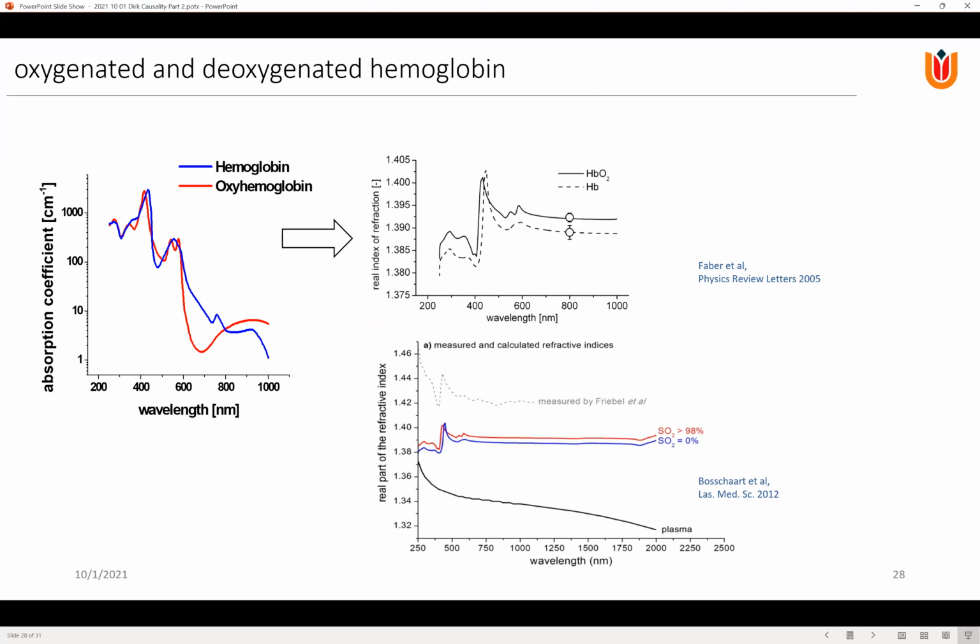And I'm not really surprised by that, because this was the input spectrum that we could use. But we kind of expected that even at lower wavelength ranges, there would be more water absorption, and more water absorption would cause this kind of tail in the real part of the refractive index.